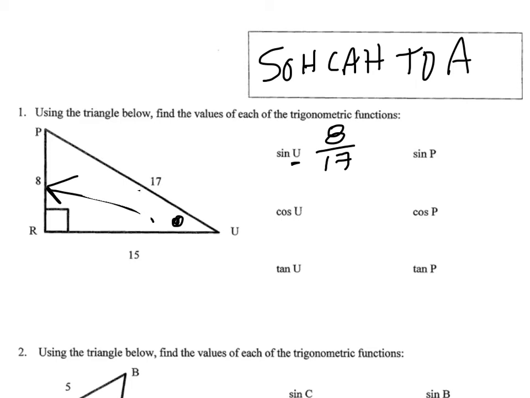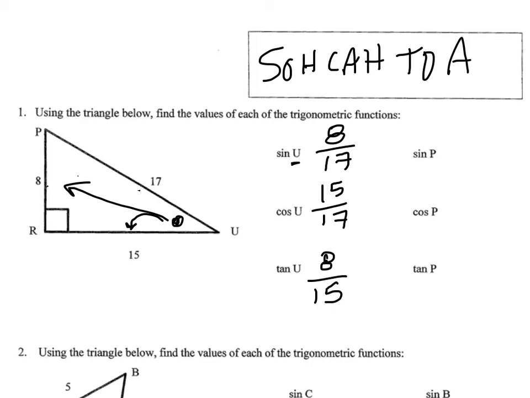So I'm not going to use the 8 and the 17. Instead, I'm going to use the 15 and the 17. And then tangent is opposite over adjacent. So in this case, the opposite is 8 and the adjacent is 15. So it winds up to be 8 over 15.